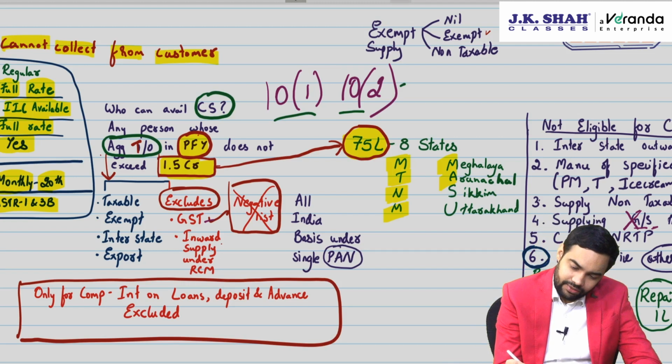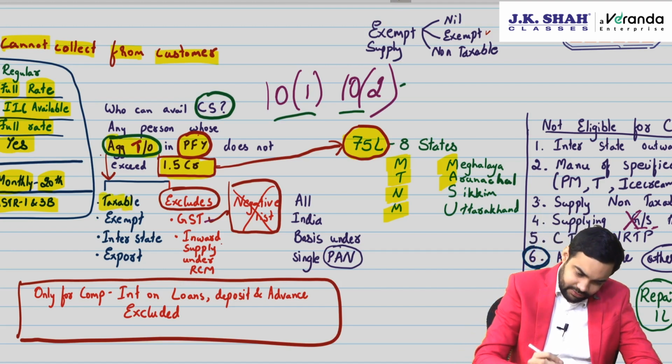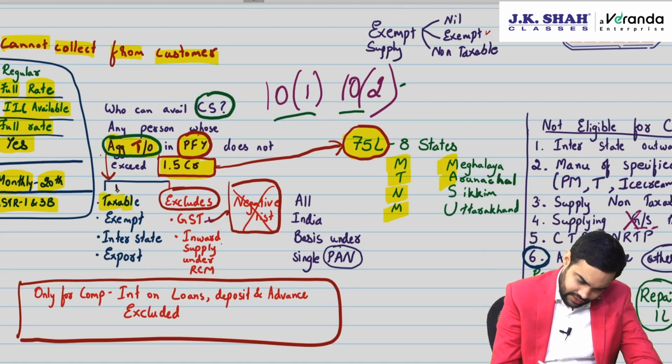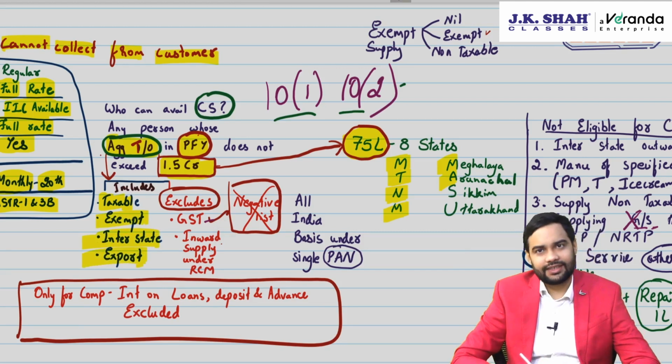Now, one very important term is aggregate turnover. Aggregate turnover includes taxable supply, exempt supply, interstate supply, and export of goods or services.